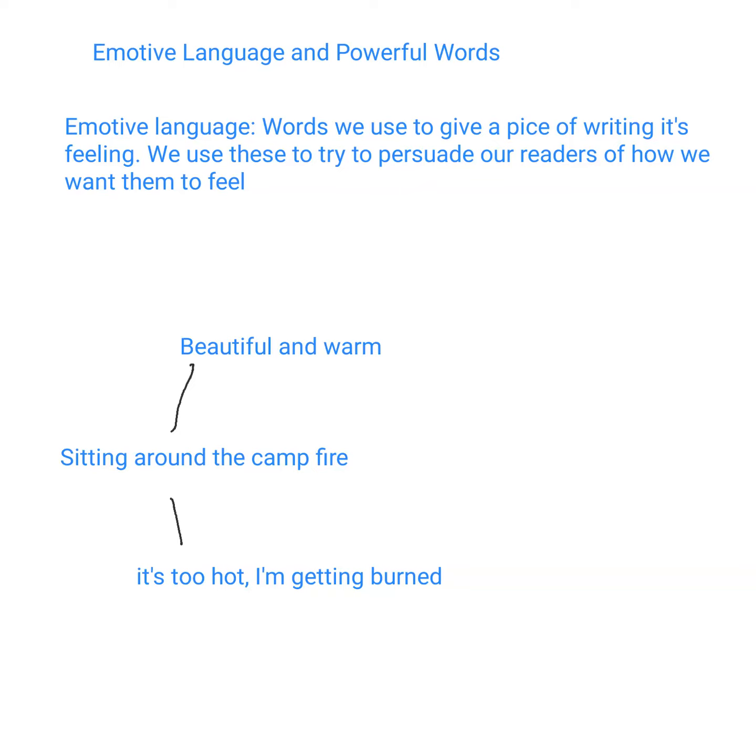We can use them to make any issue seem like the best thing ever, or we can make things seem run for your life, we're all going to die, kind of catastrophic. That is the honest to goodness power of this emotive language.